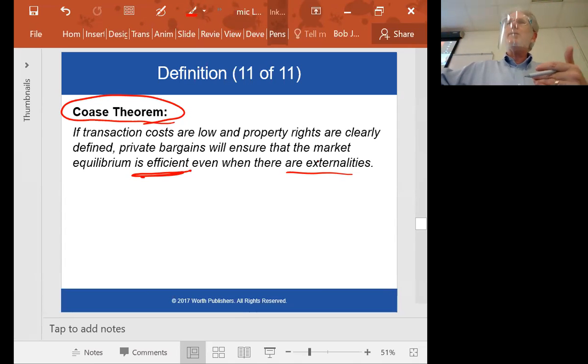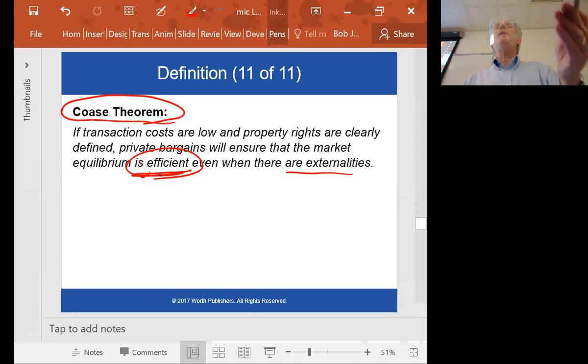And the cost is greater than the benefit you're getting. So they could negotiate a solution which would lead to that externality being internalized. If there's a clear right to each resource, and if the transaction cost of people getting together and negotiating is low, then you get an efficient use of resources, even when you have an externality.